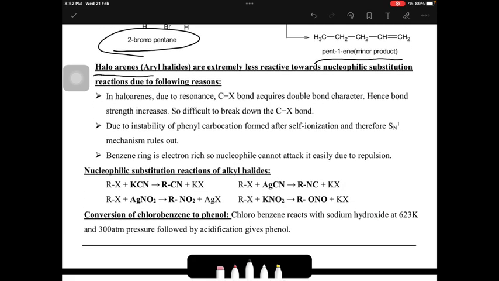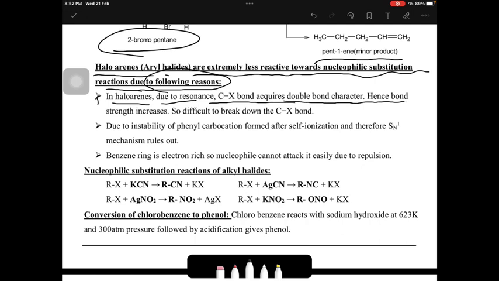Haloarenes or aryl halides are extremely less reactive towards nucleophilic substitution reactions due to the following reasons. First, in haloarenes, due to resonance, the C-X bond acquires double bond character.